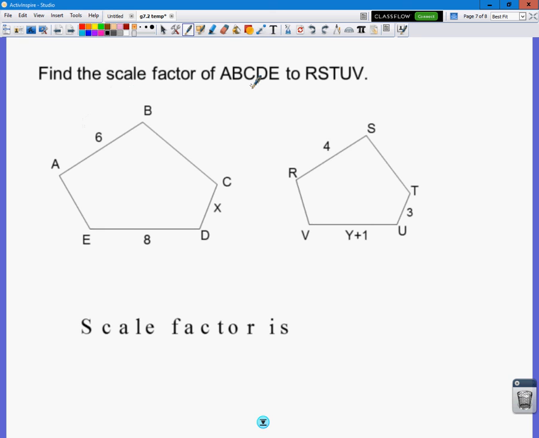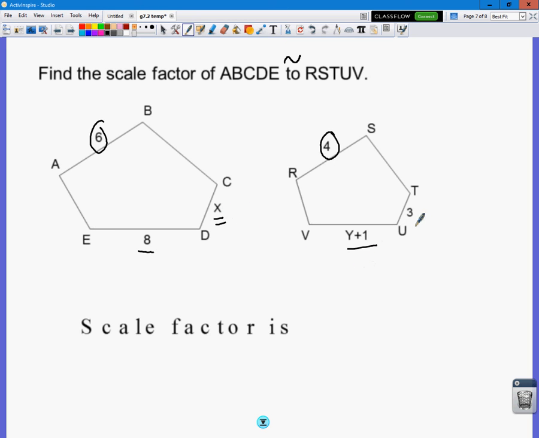They're asking me to find a scale factor here. In order to find a scale factor, these two polygons have to be similar to each other. Okay? If I'm going to find the scale factor, then what I'm going to look at is two sides where I have numeric values. I see 6 and 4. I see 8 and y plus 1. That's not going to help me.